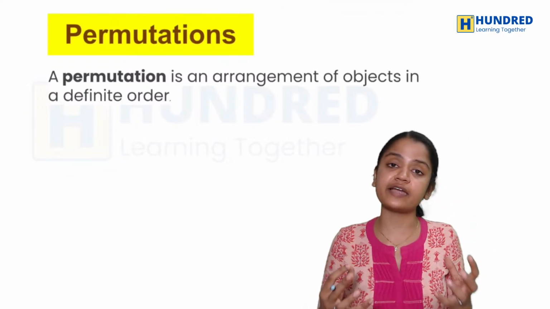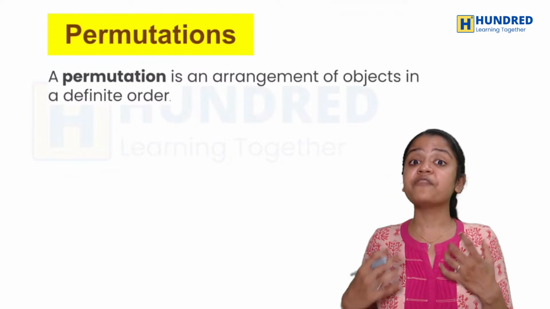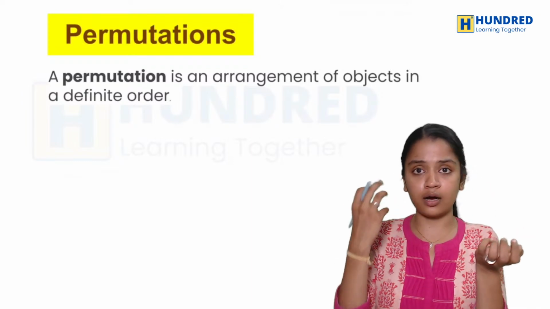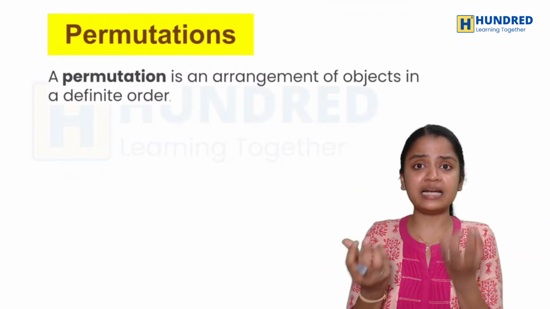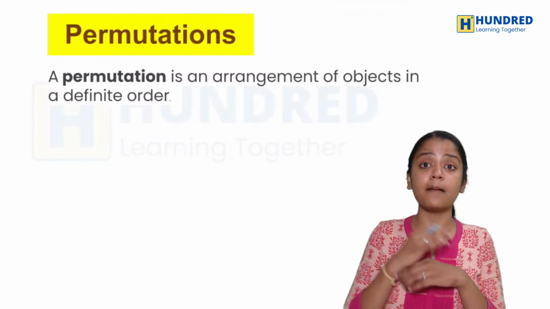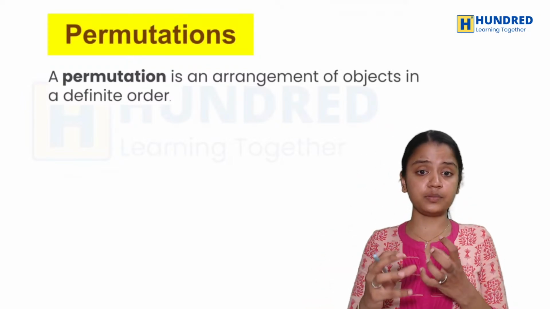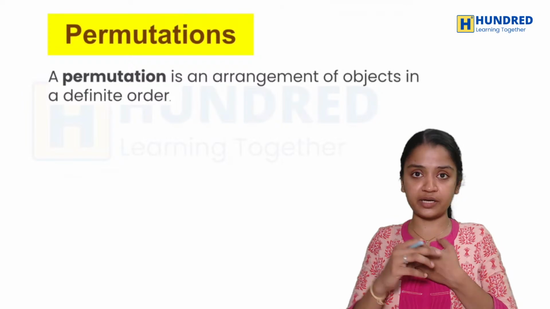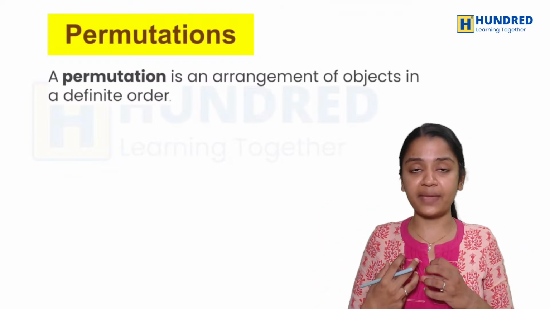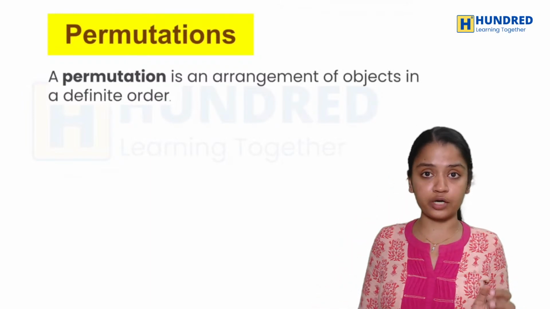There are many other examples, like selecting one thing from a few balls or a few flowers. Permutation and combinations are involved in cases where selection plays a major role. So it is very important.